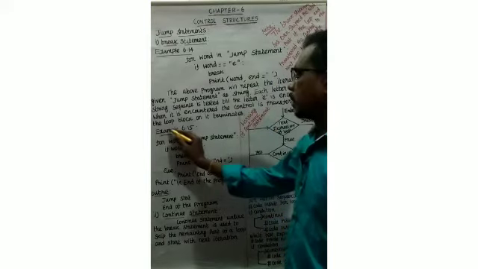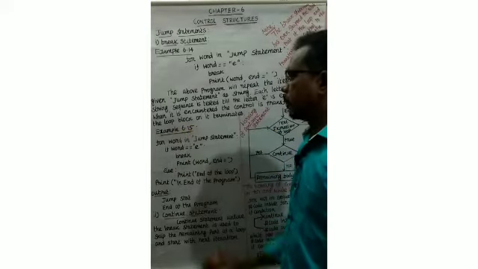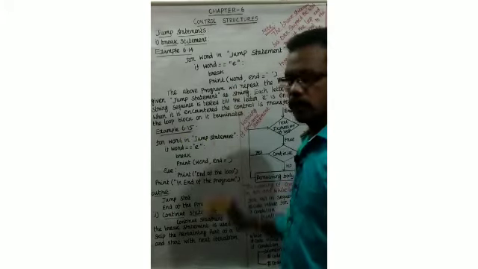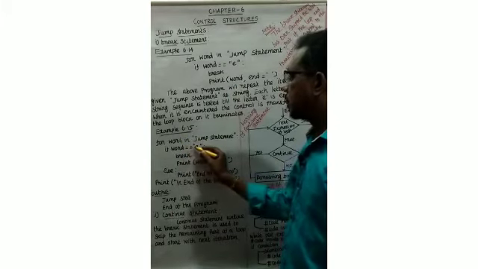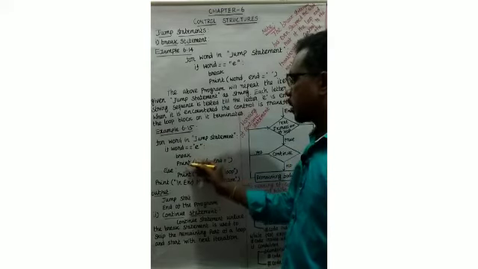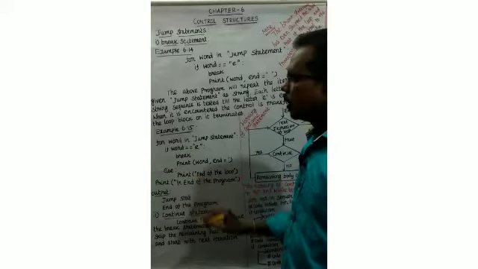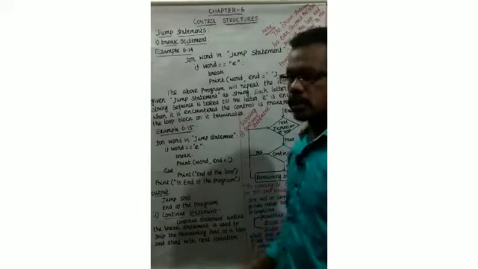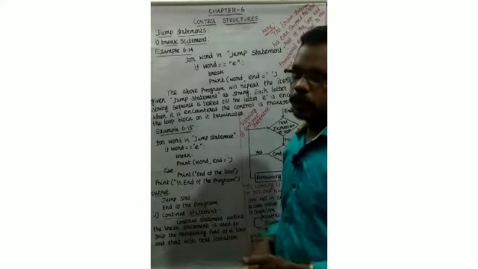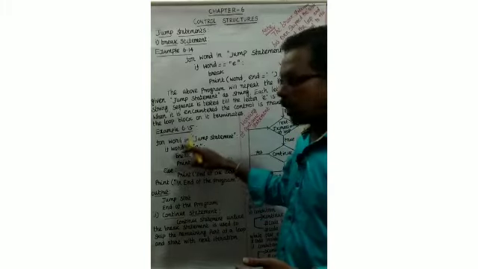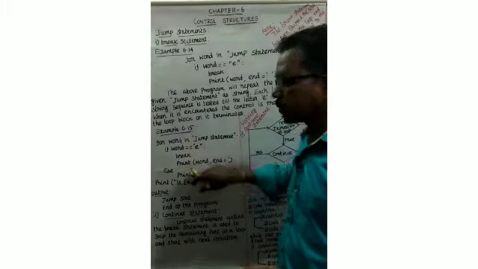Next, example 6.15: for word in jump statement, the same program they have given, if word equal to E, next break statement. In this program they are using the else part also. Else part means the if-else concept I already told you. If the condition is satisfied, the first statement block will execute; if the condition is not satisfied, the else block will execute.